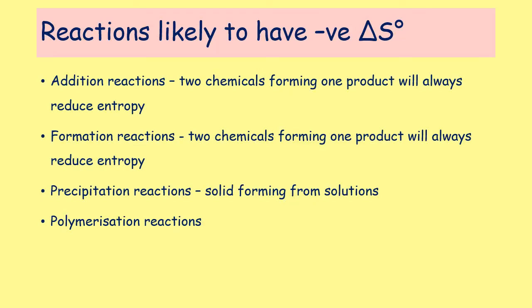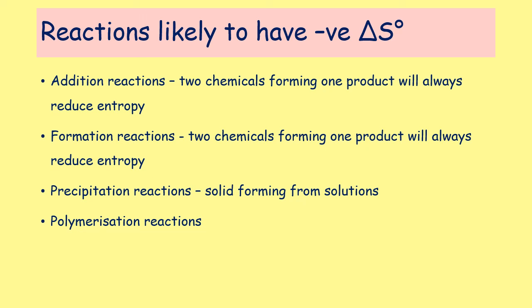And so this is the final slide. This is just giving you a list of reactions in which you might expect to have a negative entropy change. So addition reactions, two chemicals forming one is likely to have a negative entropy change.